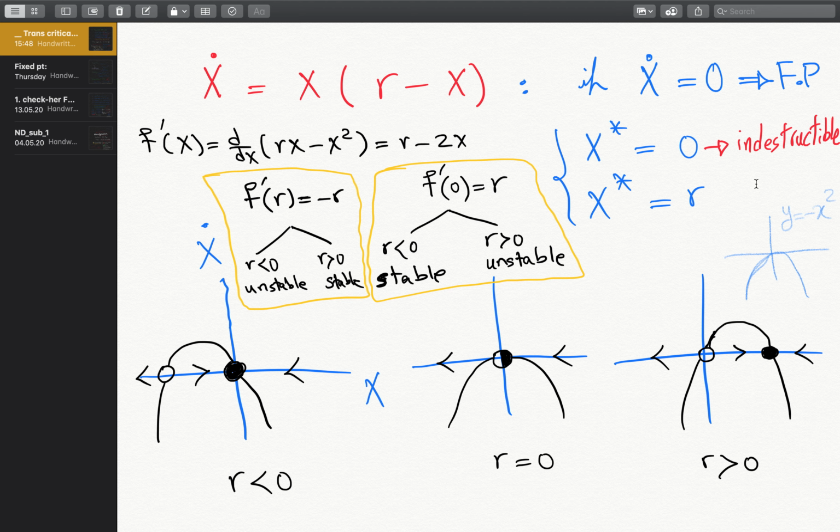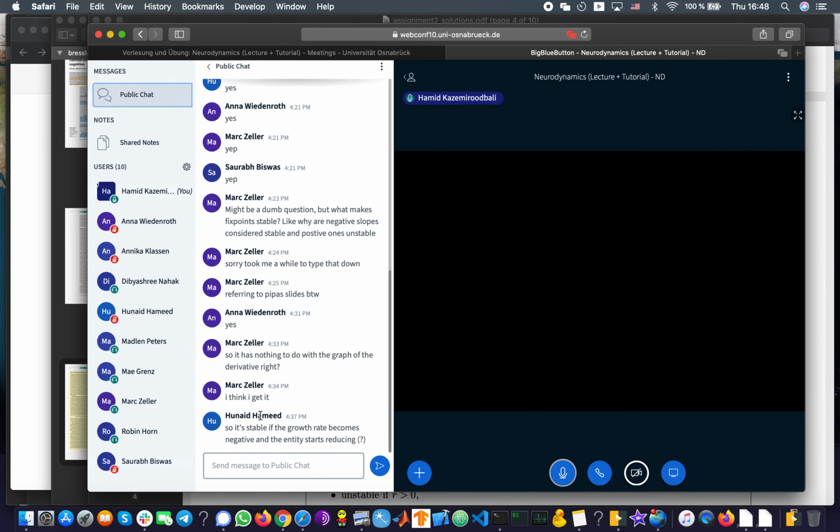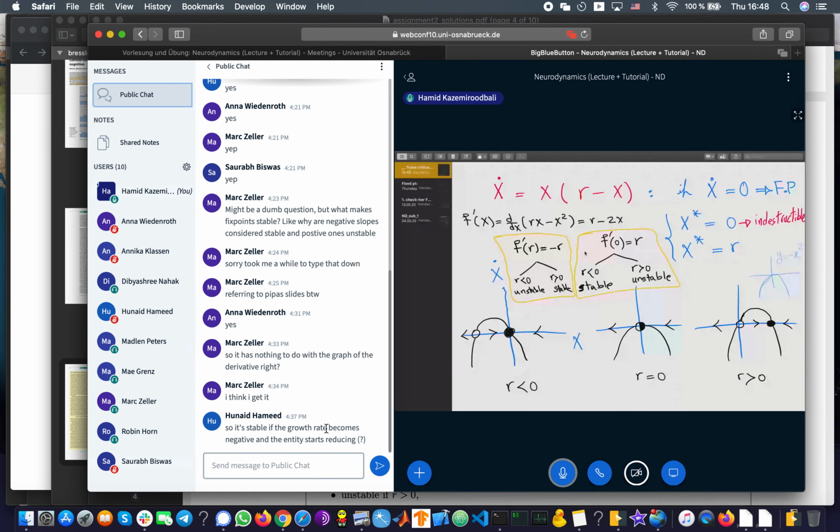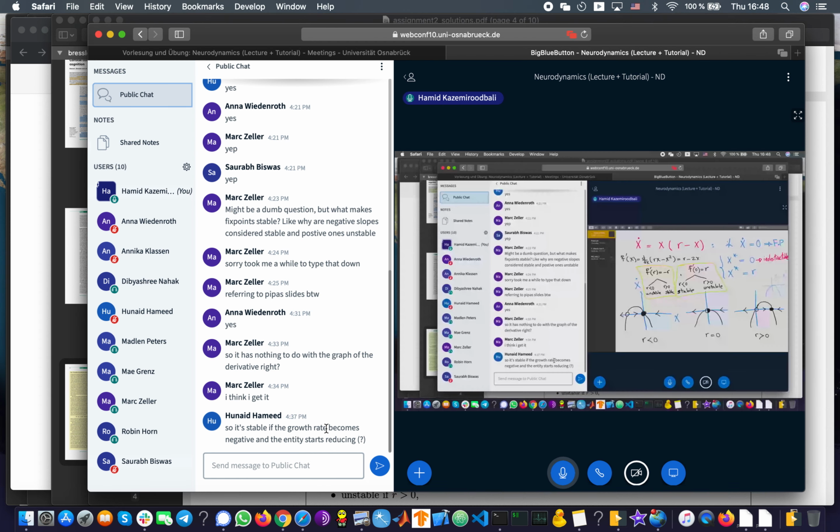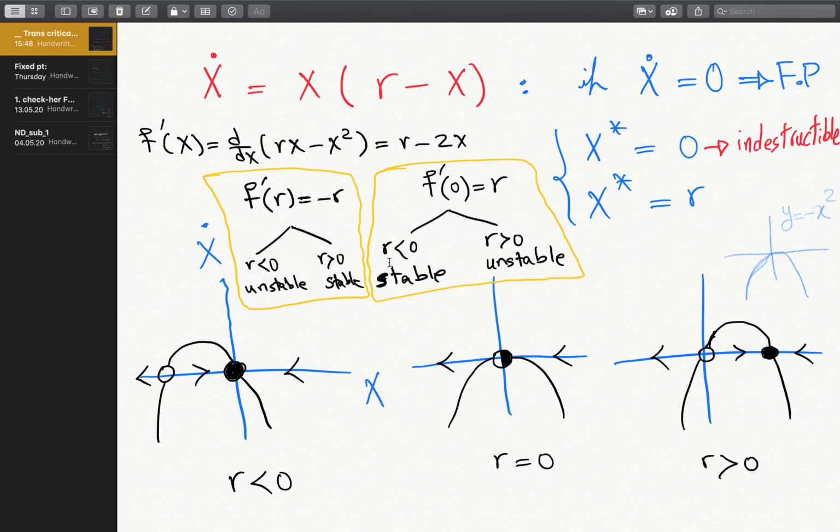And f prime of the second one, which is r, is equal to r minus 2r, which is minus r. So this is the thing that depends on the value here.